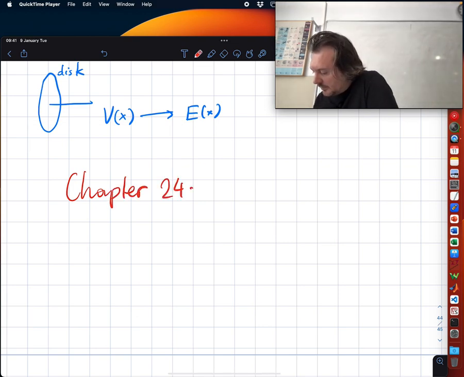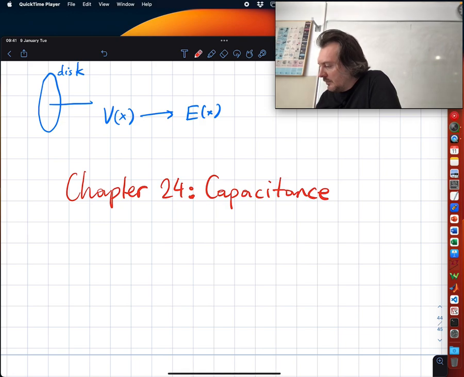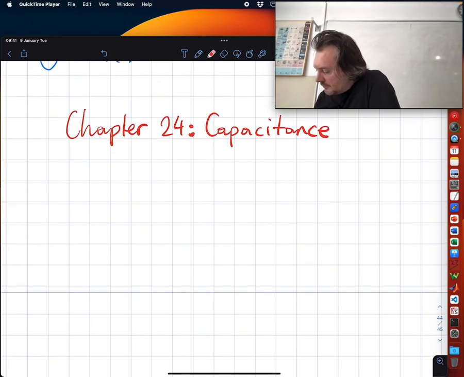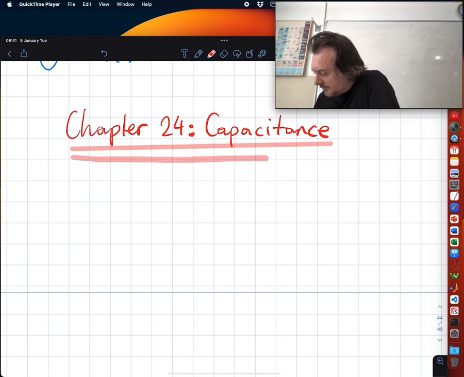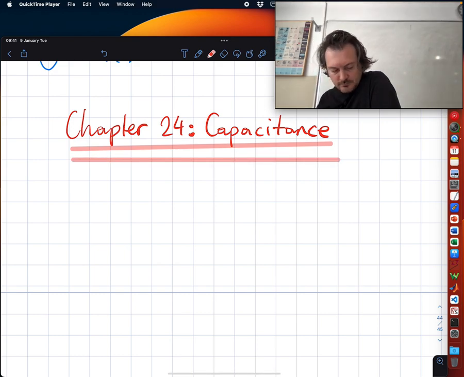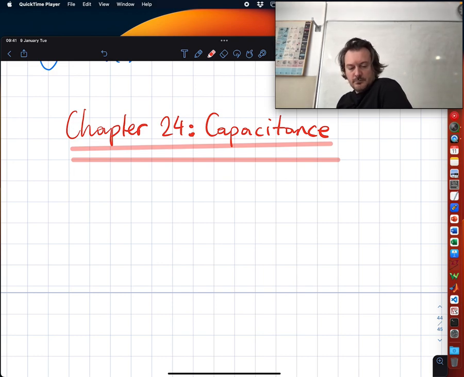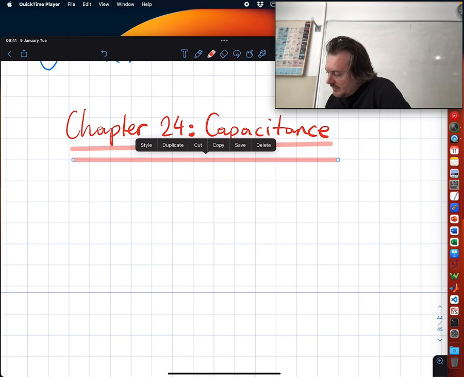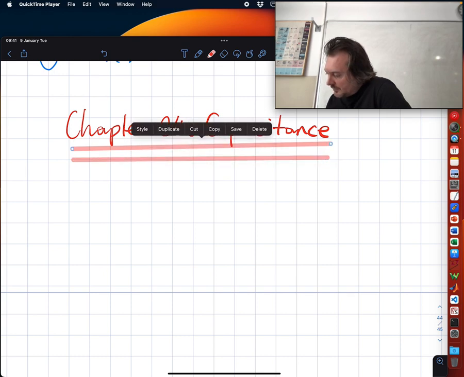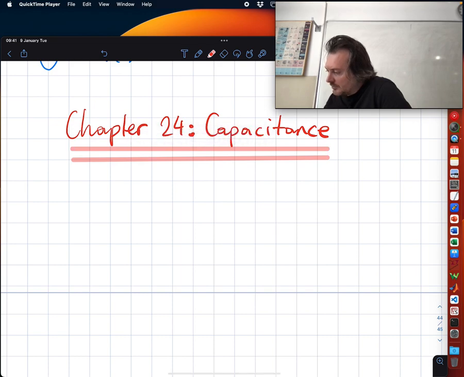Chapter 24, Capacitance. We will use a lot of concepts that we have learned in the previous chapter here. So you can think of anything that has two terminals that hold charge together as a capacitor.